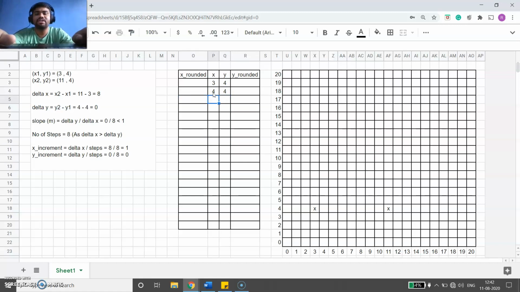In the next iteration, x increases to 5 and y remains the same, then x goes to 6, then 7. Similarly, we have 8, 4, then 9, 4, then 10, 4, then 11, 4. So you can see that we have reached the destination. If you plot the points, this would look something like this.